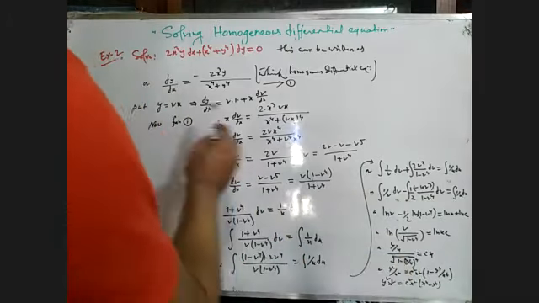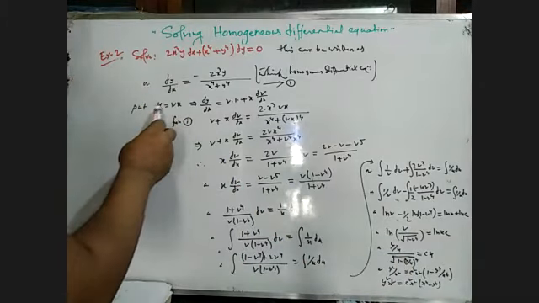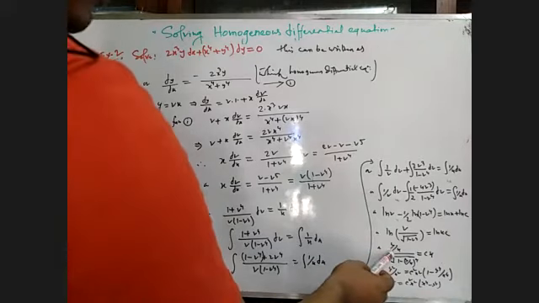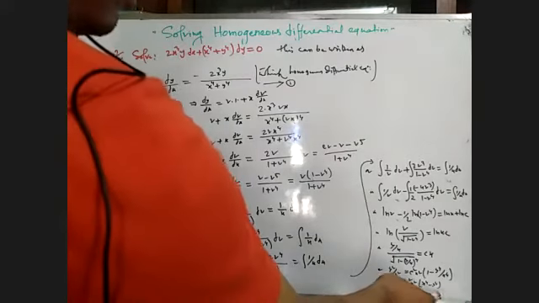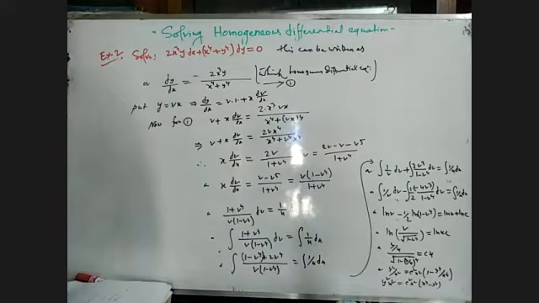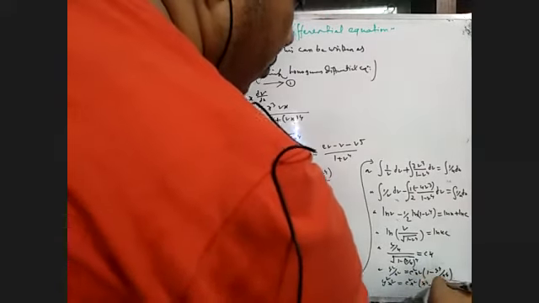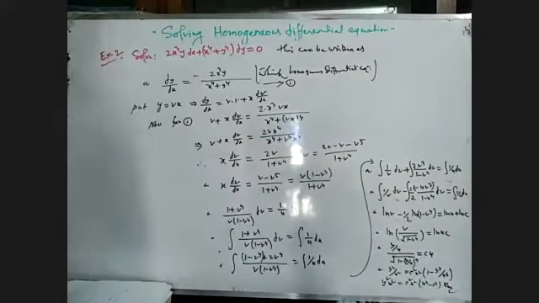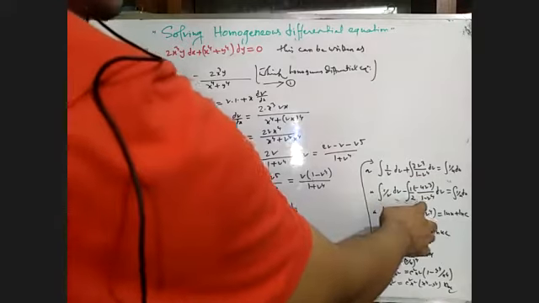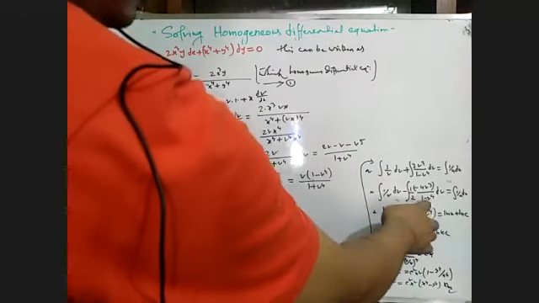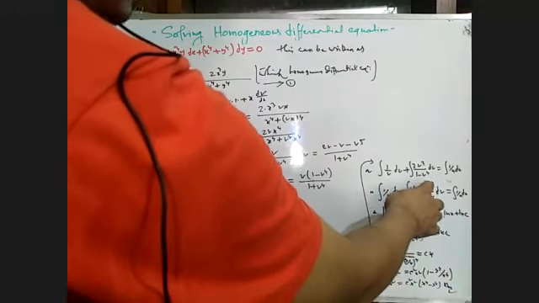Okay, now substituting b equals to y by x, putting b equals to y by x here, we get the required solution. This is the required solution, y square x square equals to c square x4 minus y4. This is the result. So differentiation of the new denominator 1 minus b4 will be minus 4b cube.